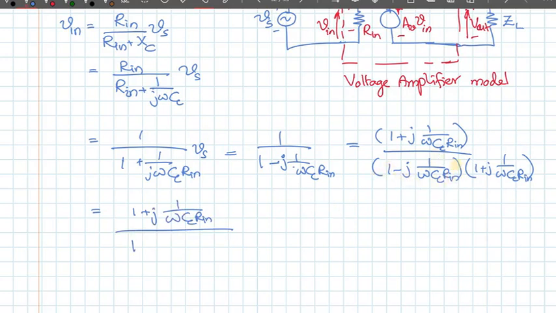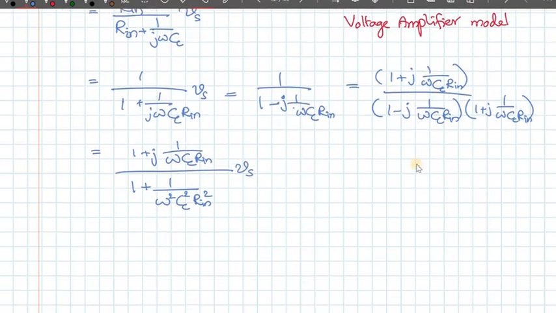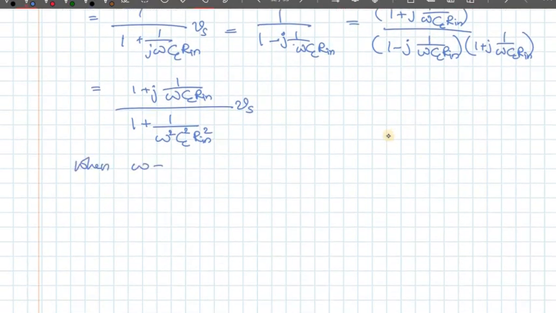So j squared times this squared, and j squared is minus 1. So this becomes 1 plus 1 over omega squared Cc squared R in squared, times Vs. Now in this expression, what happens when omega is equal to 1 over R in Cc? In this particular case, this whole term becomes 1.